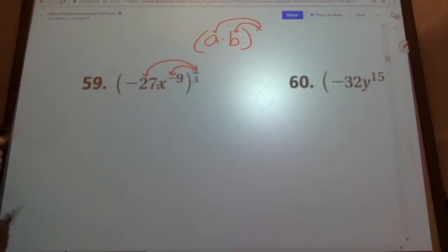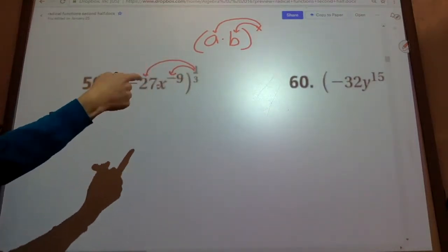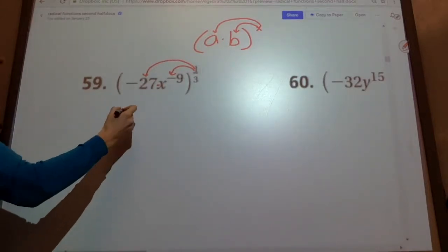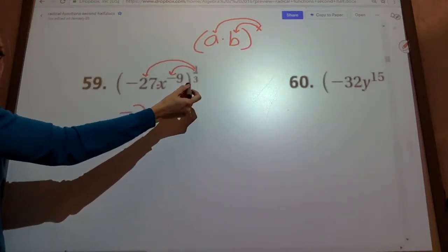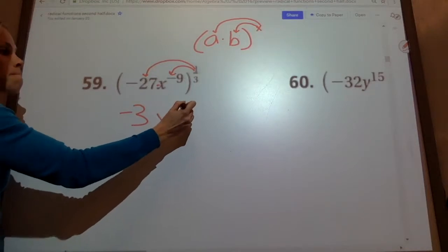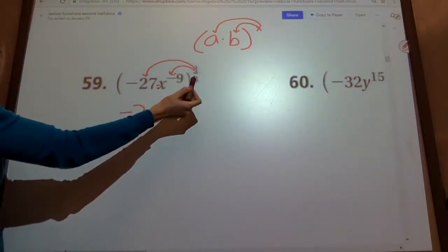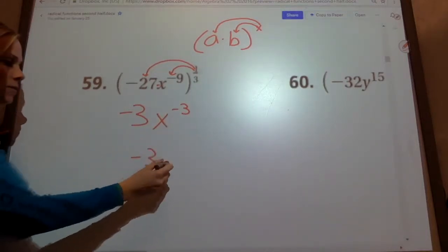And this is where mental math comes in handy, because 1/3 we know is cube root. What's the cube root of -27? -3. Power to a power I multiply. So what's 1/3 of -9? -3, right? Or you can think of -9 divided by 3. What's wrong? Can't have that negative, so we put it on the bottom.